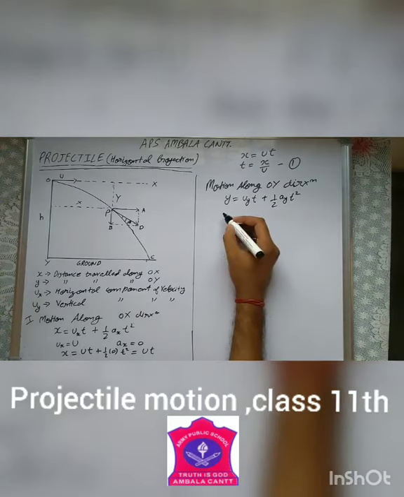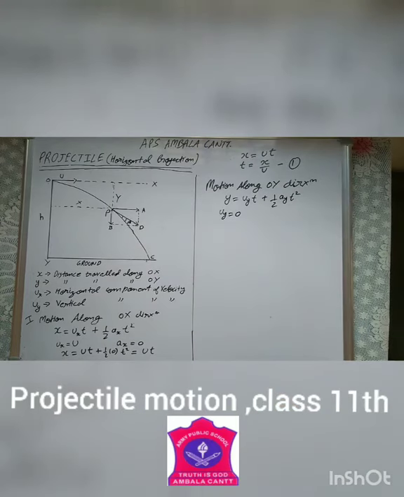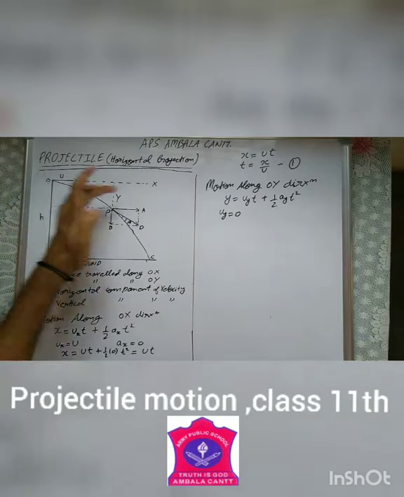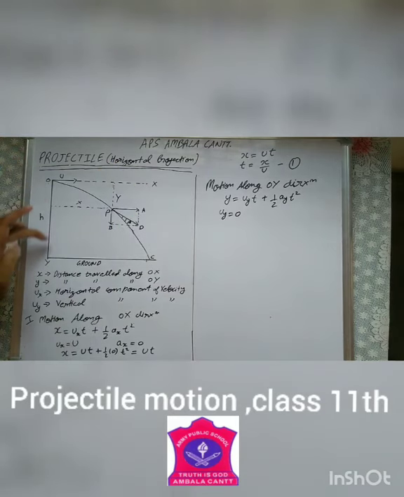But we know that uy is equal to 0 because we have not given any vertical velocity to the object. We have given the velocity along Ox only, and there is no initial velocity along Oy.